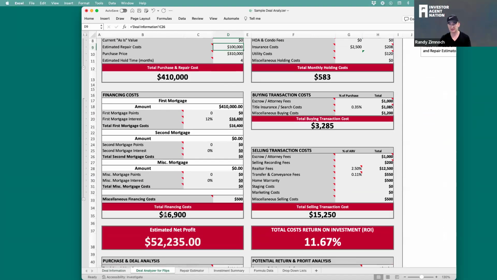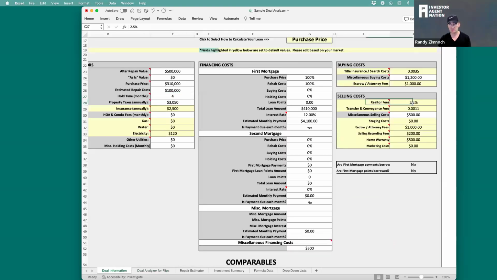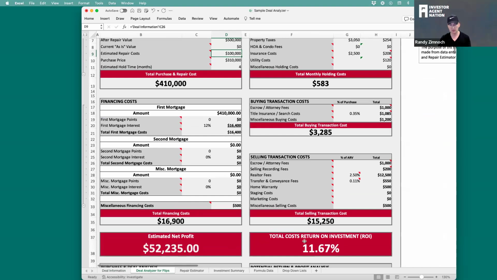52,000. Like 52 already. And I changed 2.5%, and then it went from 6 months to 4 months, right? And I literally just doubled my returns. So I was about to make 22, 23 when I was acquiring the property, but then I exit and make 52. Now, I would not make a buying decision assuming that this will happen, right?